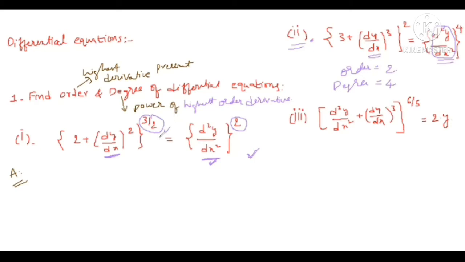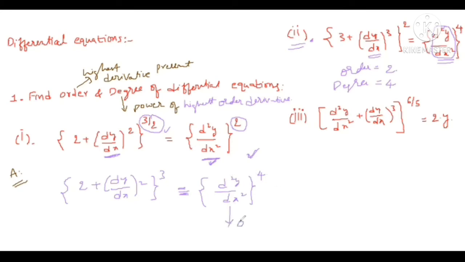So we have to remove this fraction, then we will get (2 + (dy/dx)²)^(3/2) = (d²y/dx²)², and squaring on both sides we will get (2 + (dy/dx)²)³ = (d²y/dx²)⁴.